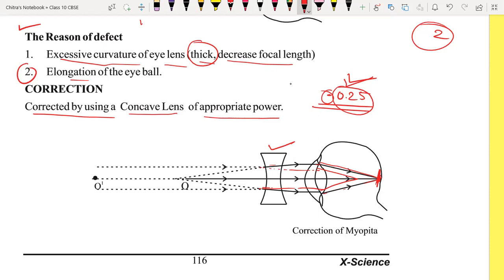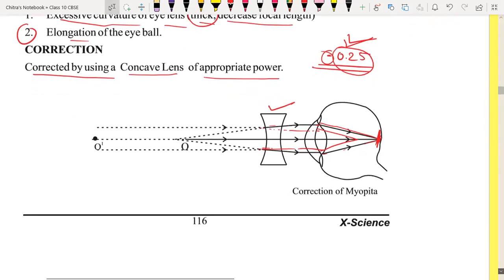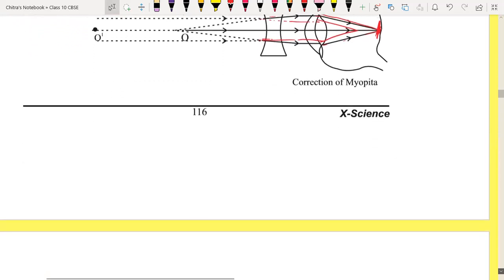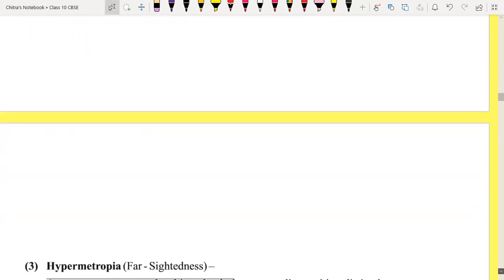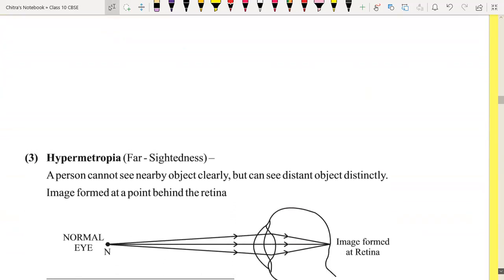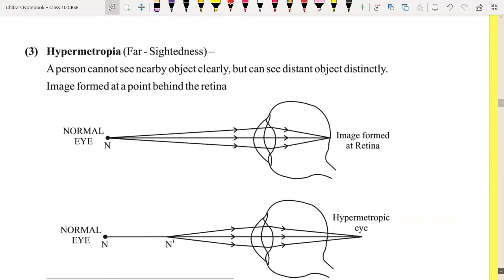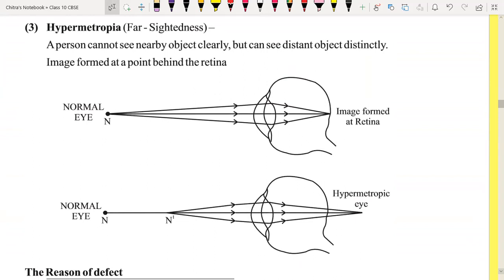Okay, so now we are going to understand the next defect, which is hypermetropia. Hypermetropia is just the opposite of myopia. It is also called farsightedness, or further sightedness.